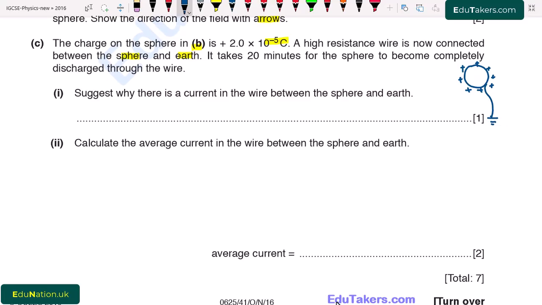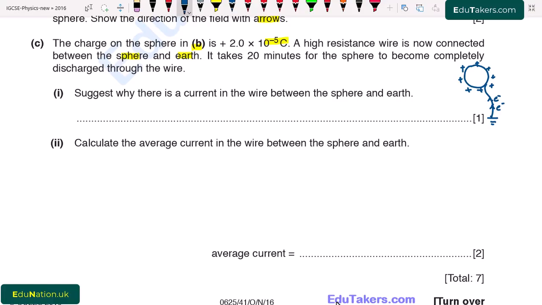The positive charges on the sphere attract the electrons from the earth, due to which the electrons move towards the sphere and both positive and negative charges neutralize and the positively charged sphere now becomes neutral. It discharges through the wire. So there is the flow of charges, due to which there is a potential difference between the sphere and the earth due to the flow of charges.